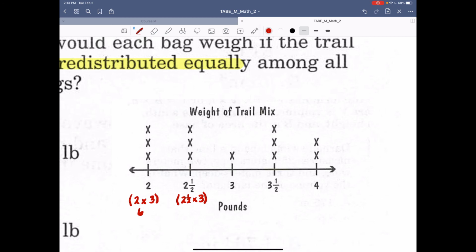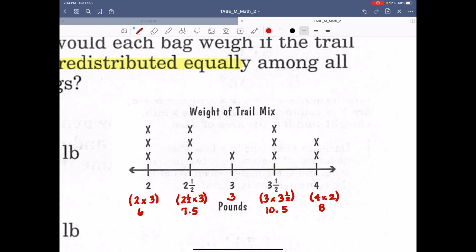Remember, bags are X's, so you count your X's, and that's 7.5 pounds. And then I have one bag that just weighs 3 pounds. And then I have 3 times 3.5. Use your calculator. 10.5. And then I have 4 times 2, which is 8.